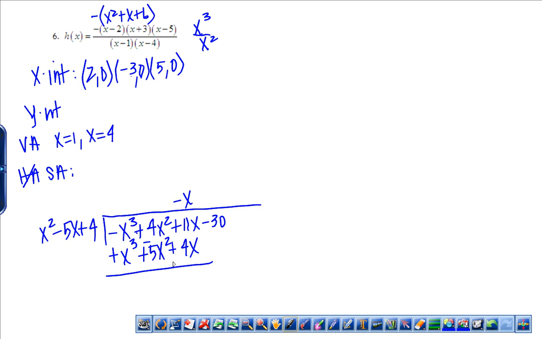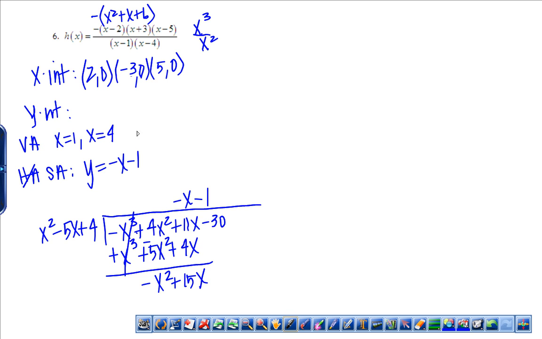Change my signs. That gives me -x squared, and that gives me 15. And then I need to multiply by what? -1. And I'm not going to finish because this is all I'm worried about. Just need to find your equation, -x minus 1.